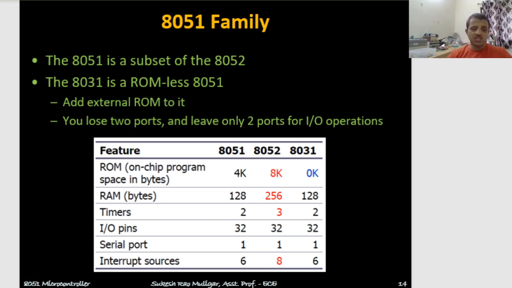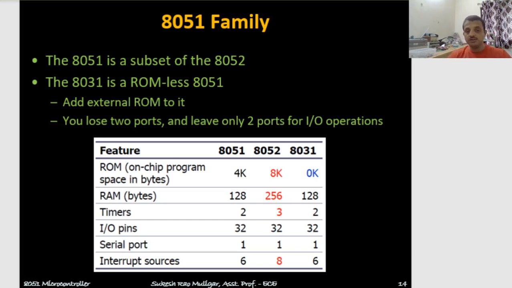Initially the 8051 had 4 kilobytes of ROM, the 8052 has 8 kilobytes, and the 8031 has 0 kilobytes, because it uses external program memory. You can have up to 64 kilobytes in the 8031, whereas in the 8051 and 8052 it is a fixed internal memory that we can use.